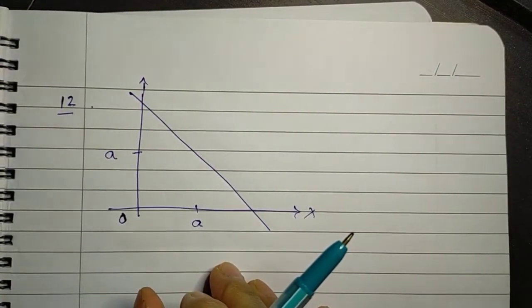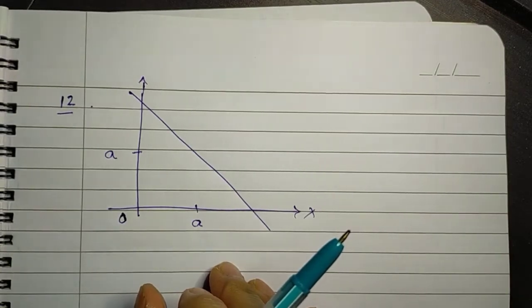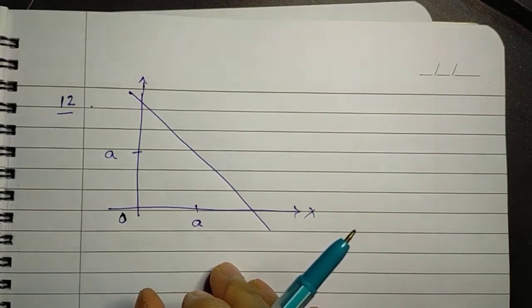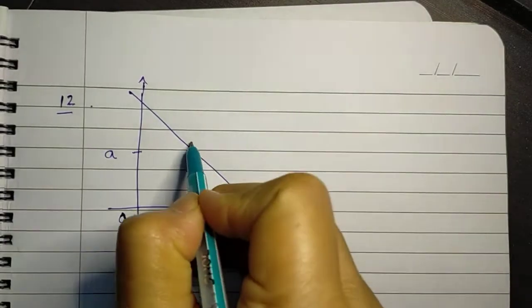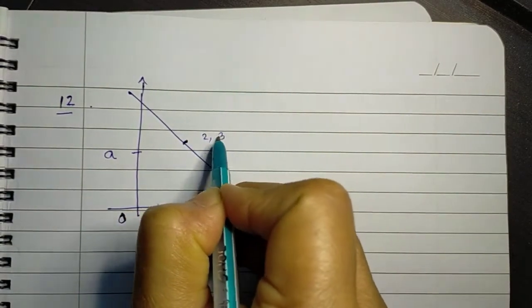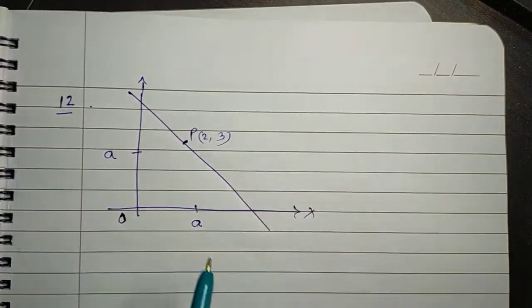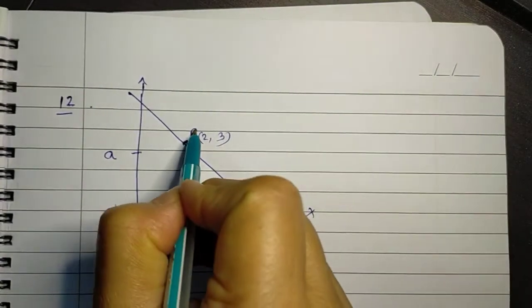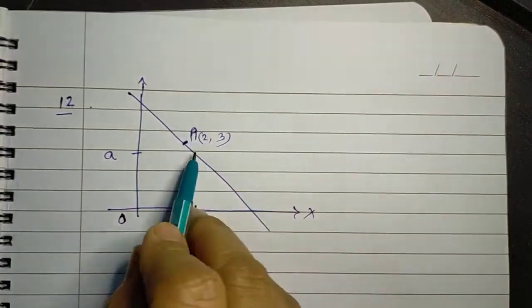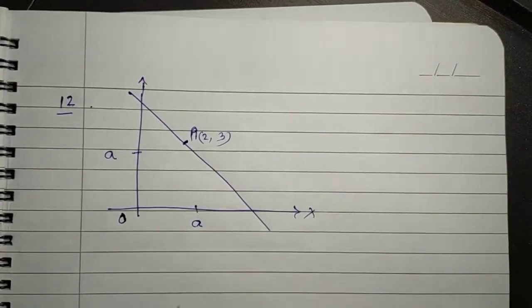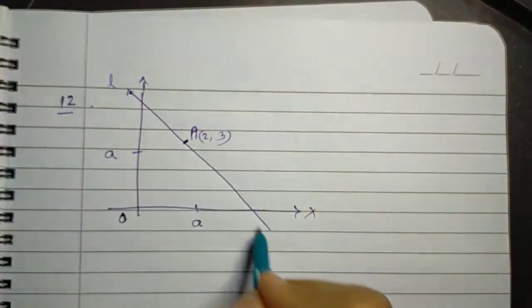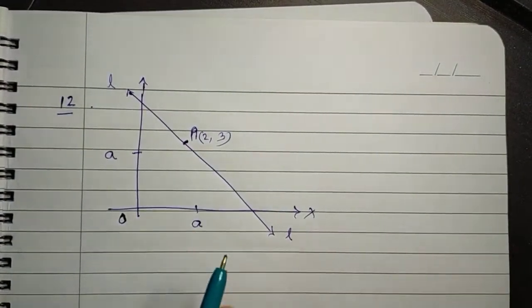The second information given is that it passes through the point 2 comma 3. So let 2 comma 3 be a point lying on this line. So let's call this A. A is 2 comma 3. Now this is the line whose equation we have to find.